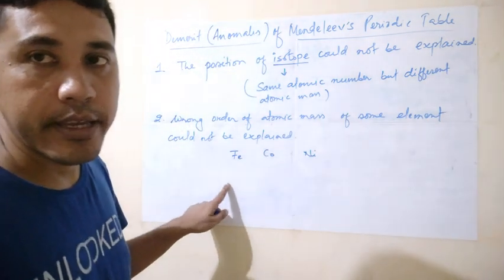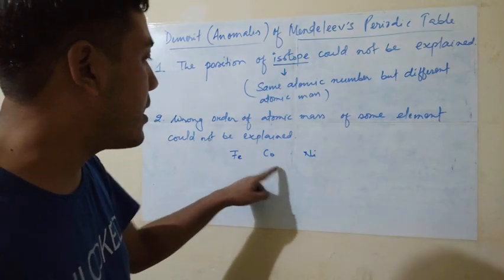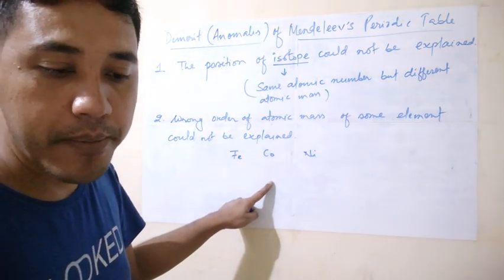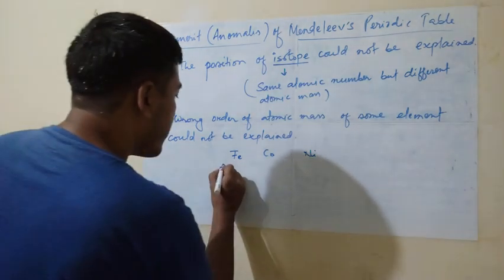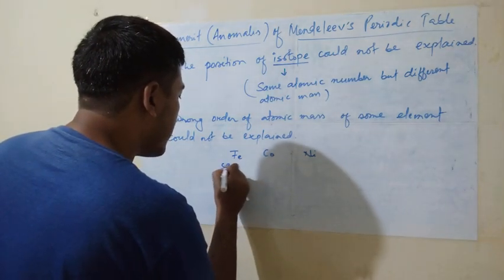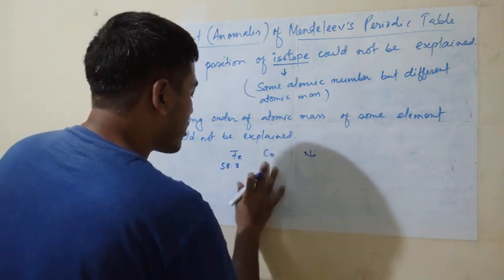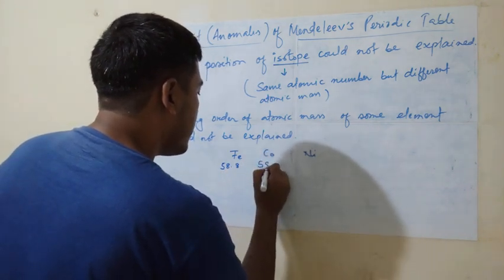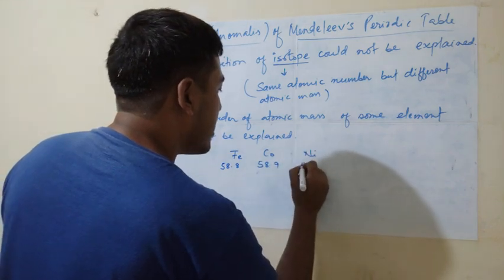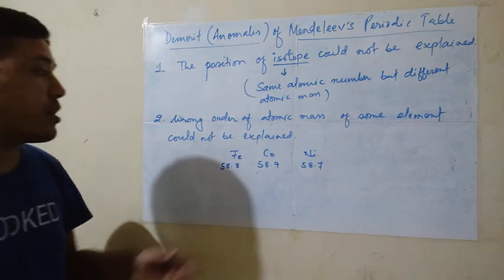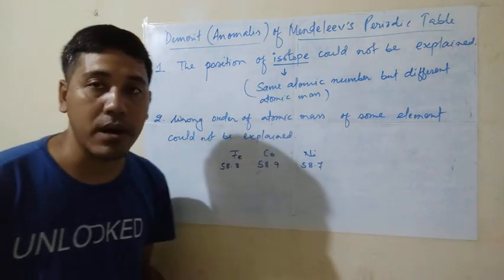He has put iron, cobalt and nickel in one group. The atomic mass of iron is 58.8, cobalt is 58.9 and nickel is 58.7. This is the wrong order of atomic mass, right?